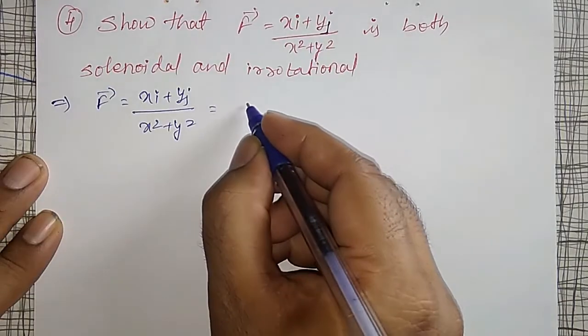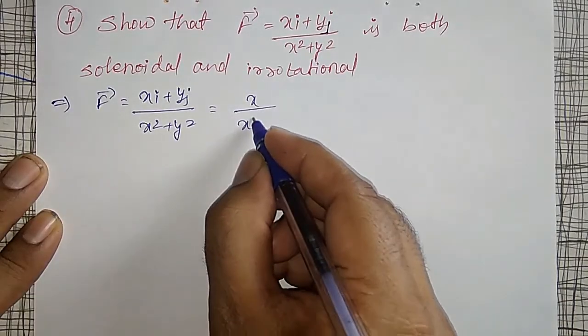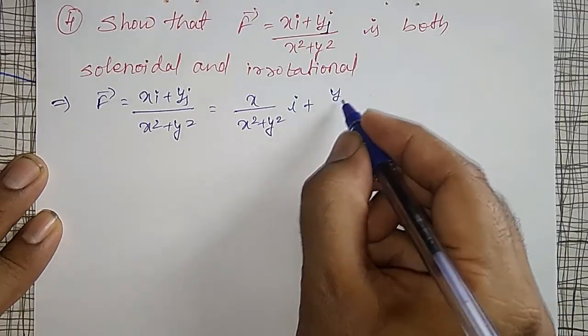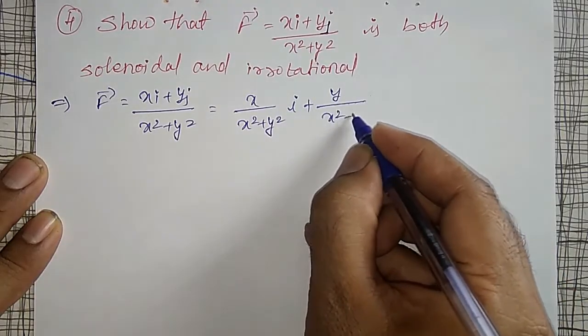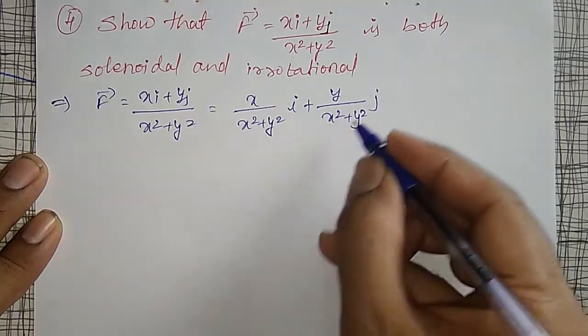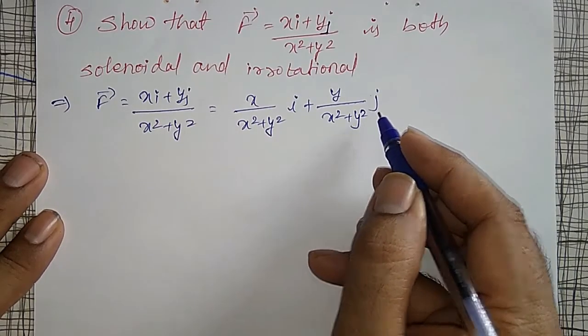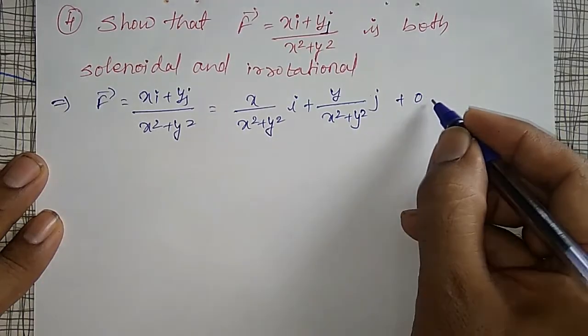I can write it as x divided by x square plus y square i plus y divided by x square plus y square j. That is along only x axis and y axis. No z component is there. Therefore, I can take it as 0k.